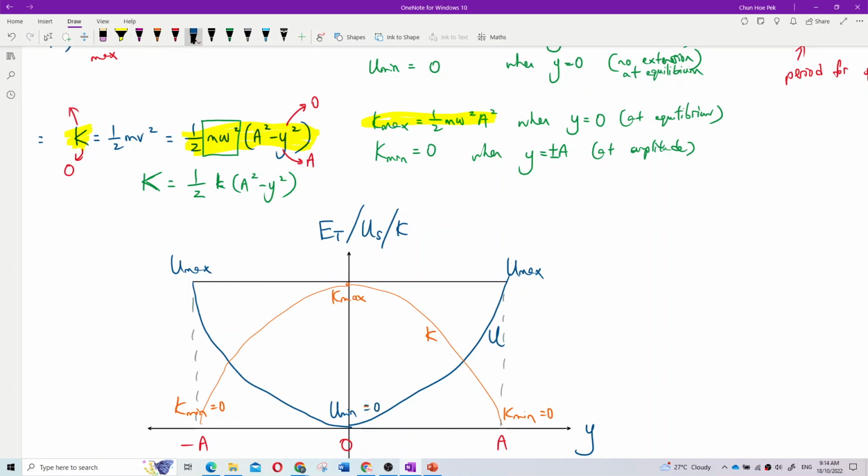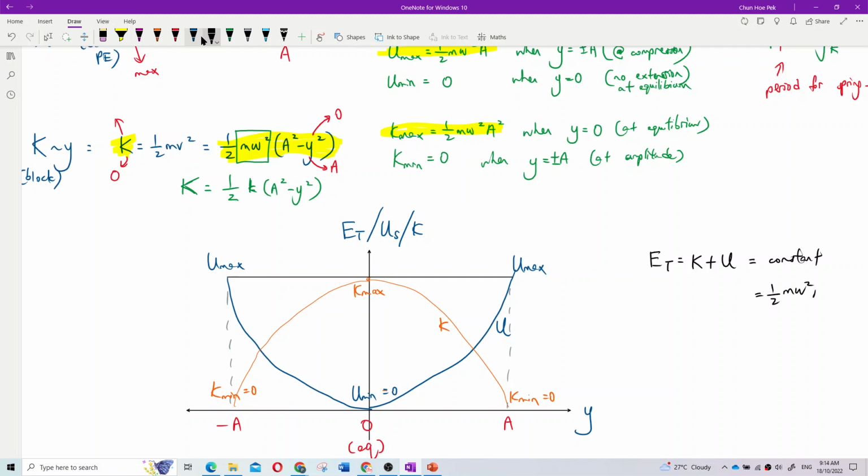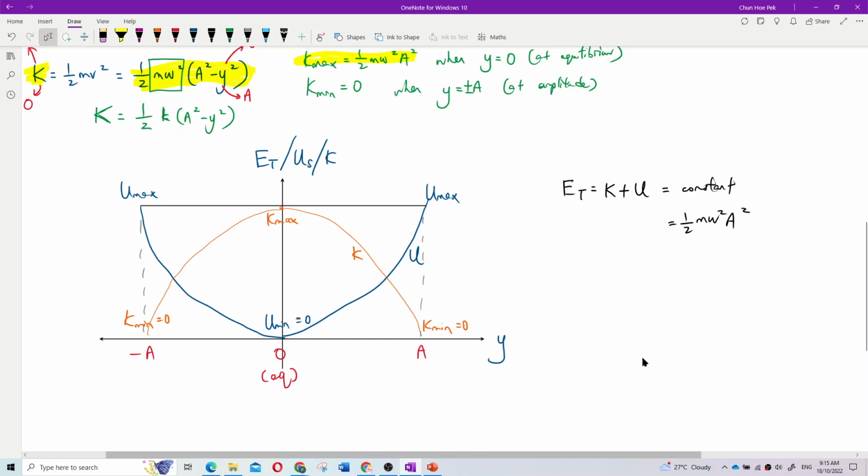So what I can say is, it's like this equation. The total energy is the mechanical energy, K and U is always constant. Conservation of energy. And the total energy is actually half m omega square A square.